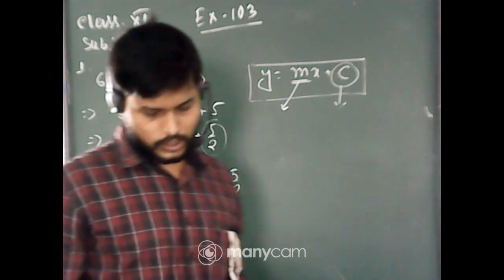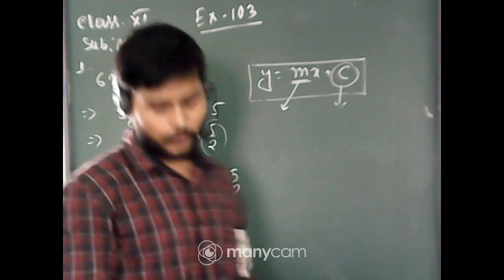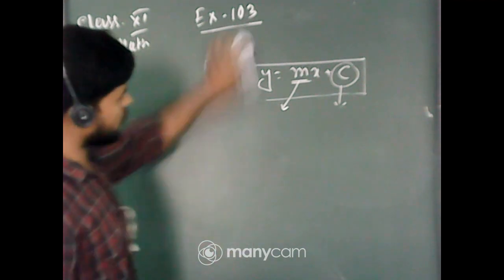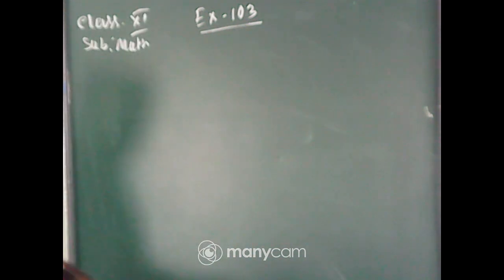Okay, now we'll do the next question. Reduce the following equation into intercept form and find their intercepts on the axes. Now, do you know what the intercept form of a straight line is? If you know, then tell me.